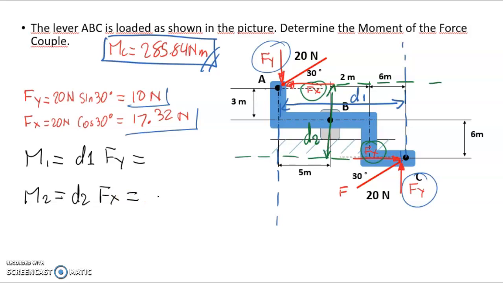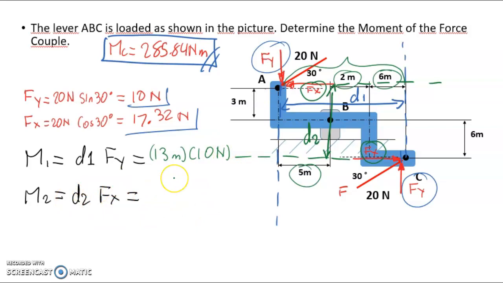Knowing that, we calculate distance 1 and distance 2. Distance 1 is going to be the distance from here to here. That will include 5 meters, 2 meters, and 6 meters. We know that's going to be 13. So we're going to multiply 13 meters times force Y, and force Y is going to be 10 newtons.